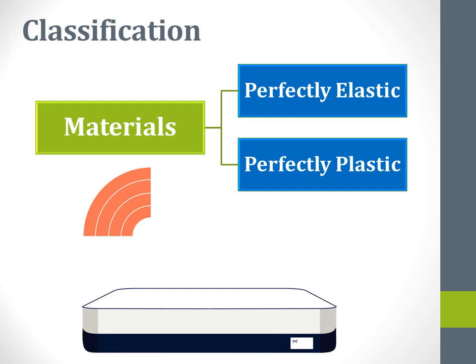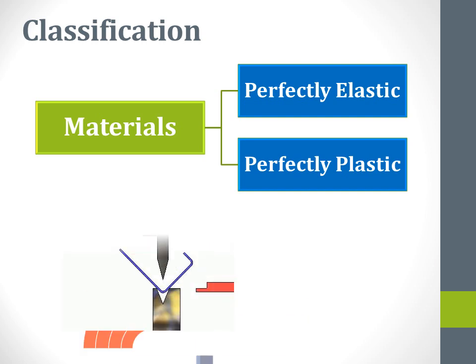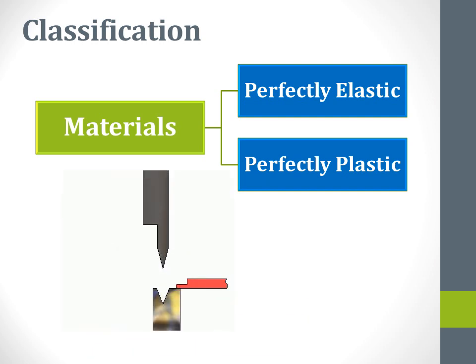This could be cited as an example for a perfectly elastic material. For a perfectly plastic material, we have a rod which is metallic in nature, and it is subjected to an extremely high amount of stress and undergoes deformation, and it can never come back to its original size or shape even after the removal of this deformative force.